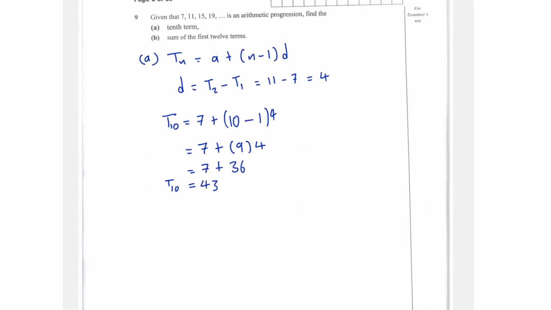Now from here, we can solve the sum of the first 12 terms. The formula for the sum is given by n over 2, times 2a plus n minus 1, and then d.